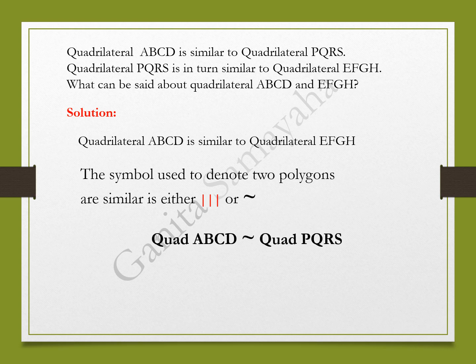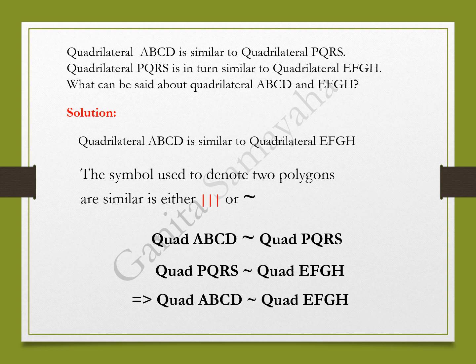So we have quadrilateral ABCD similar to PQRS and PQRS in turn similar to quadrilateral EFGH. So what happens to ABCD? Yes, it must be similar to EFGH. That shows that all of them have the same shape but may or may not have the same size. So quadrilateral ABCD must be similar to quadrilateral EFGH.